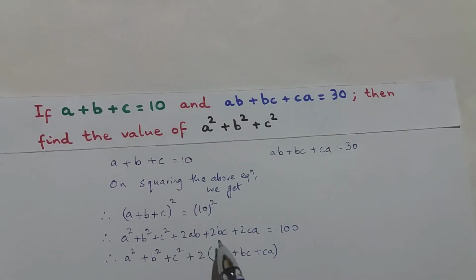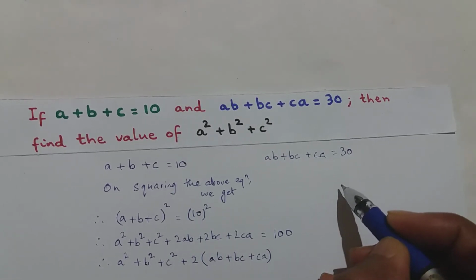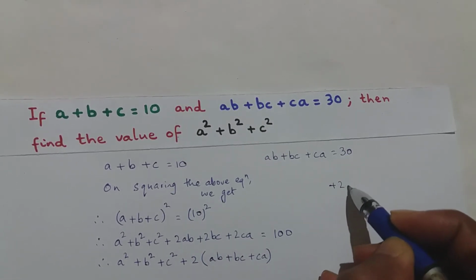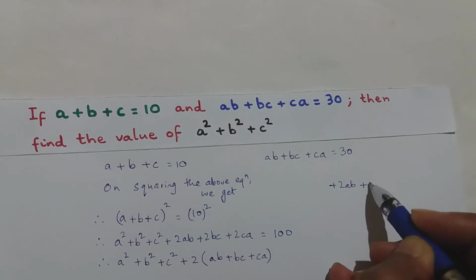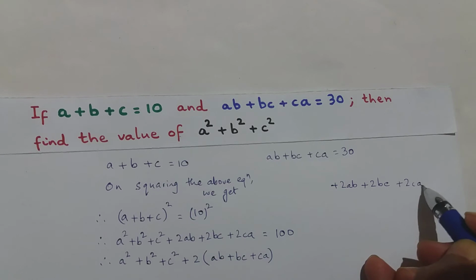So plus 2AB plus 2BC plus 2CA, how did I write it as plus 2 into AB plus BC plus CA? I will explain to you over here. I have plus 2AB plus 2BC plus 2CA.